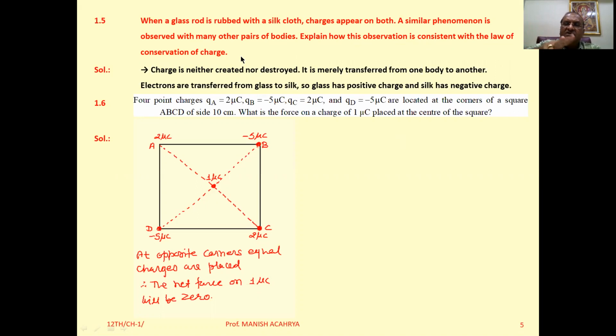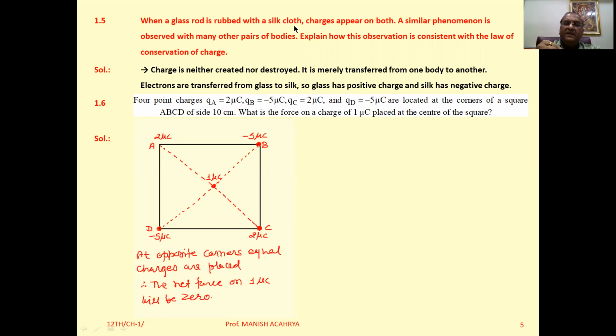It can be transferred from one body to another body. So here, when a glass rod is rubbed with a silk cloth, the glass rod becomes positively charged and the silk cloth becomes negatively charged, due to transfer of negatively charged particles, electrons, from the glass rod to the silk cloth.